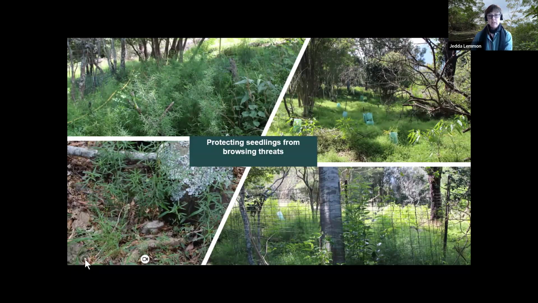But the difficulty is when you have browsing pressure with any plants, not just threatened plants, they will often target those young, juicy seedlings. So protecting them through to reproductive maturity is really super important, and caging them, fencing them, tree guarding them is really important.